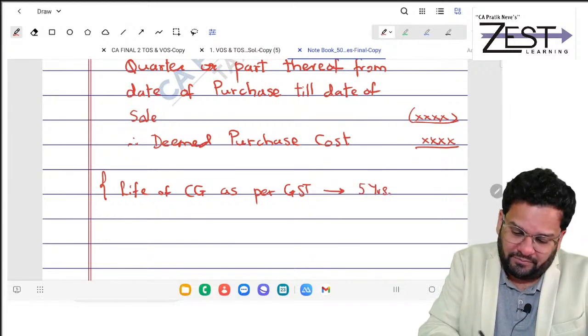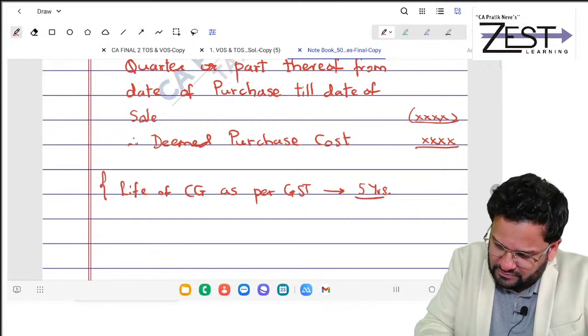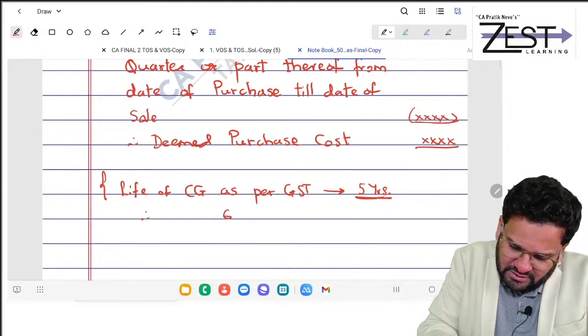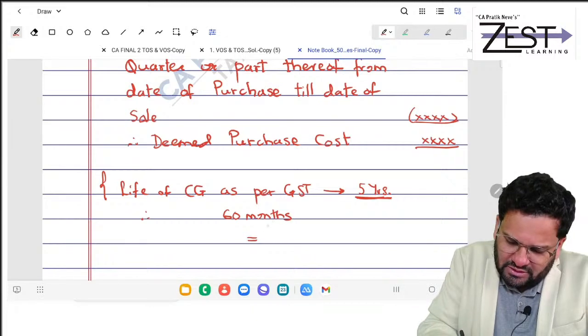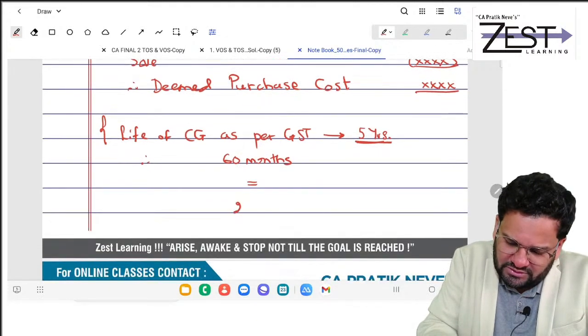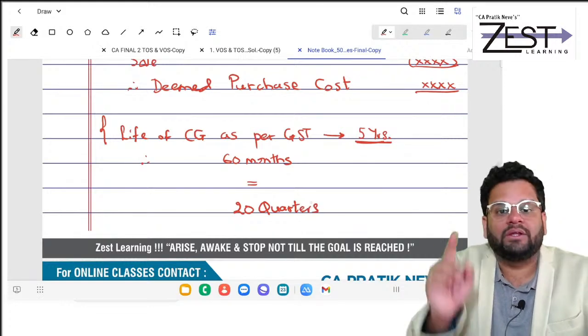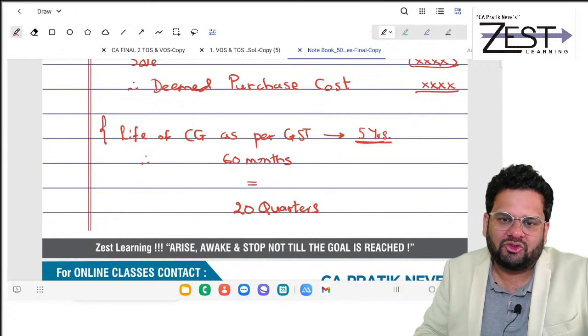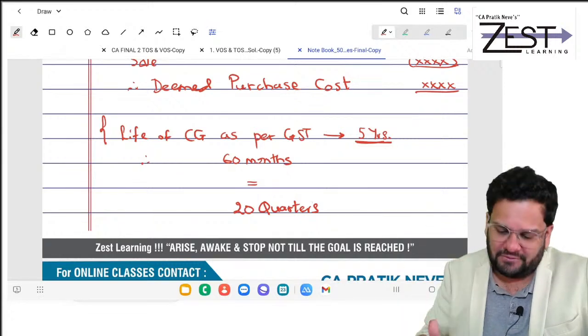Getting it? 5 years means 60 months, which is 20 quarters, because one year has 4 quarters and one quarter is 3 months.